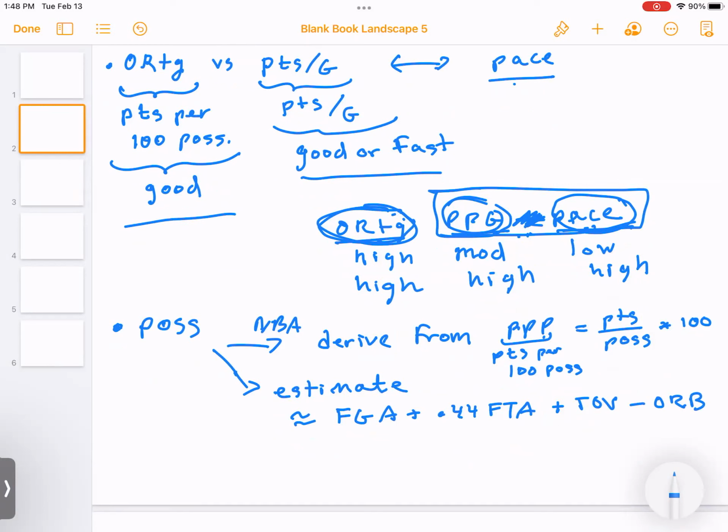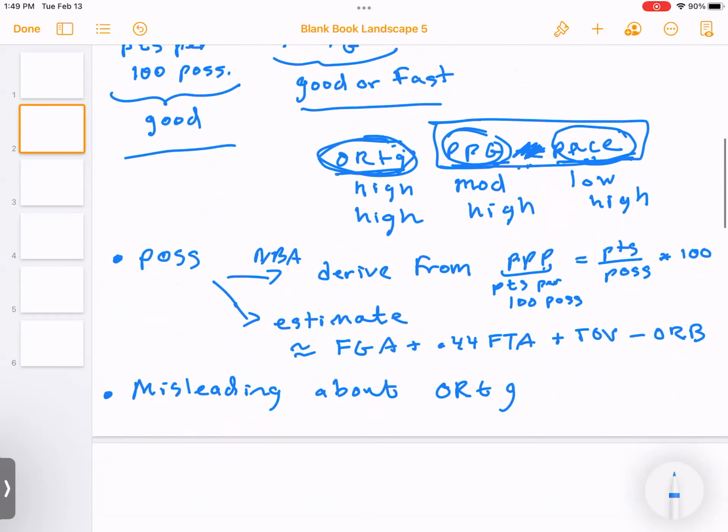All right, so the other thing that's misleading about O rating is, what else is misleading about just looking at O rating? I know this isn't a complete sentence, but it's okay. I'm talking like backwards or something. Misleading about O rating.